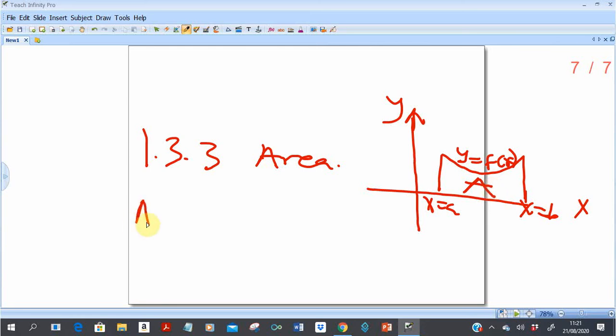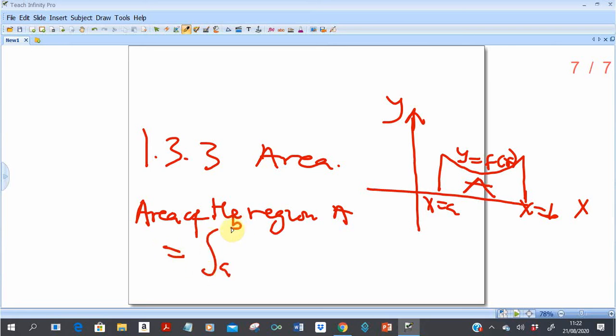Then the area of the region A is just given by the integral from a to b of y dx. And what is our y? It is our f of x. What you have to notice is that a and b are x coordinates and y is our function.